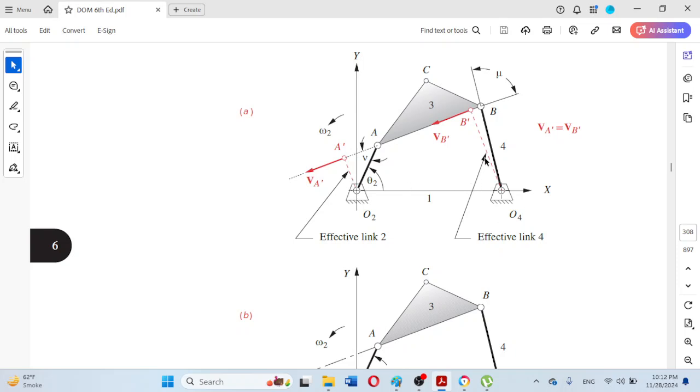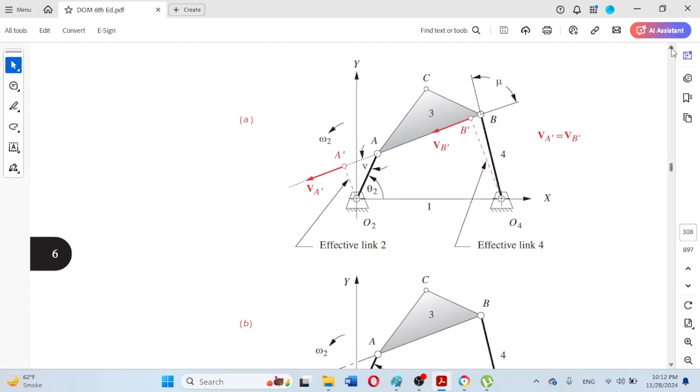These two lines, as the author has shown, are O2A dash and O4B dash. These two lines are parallel with each other, and these are the effective links.